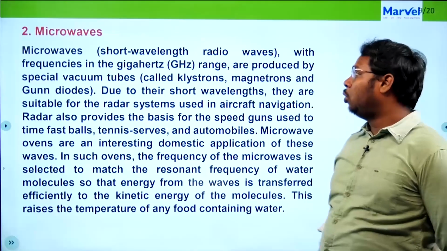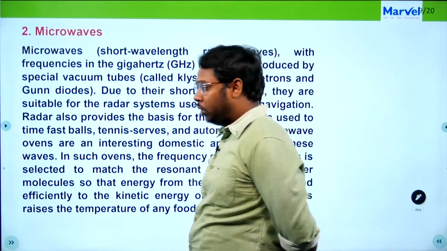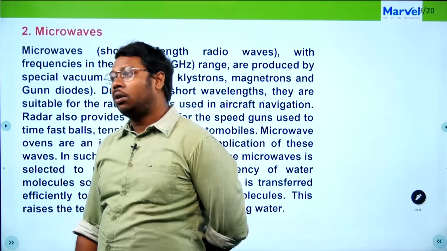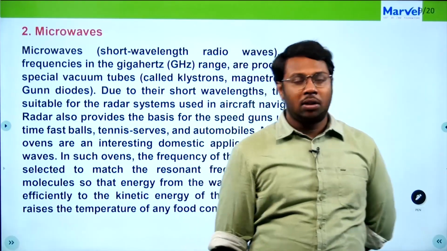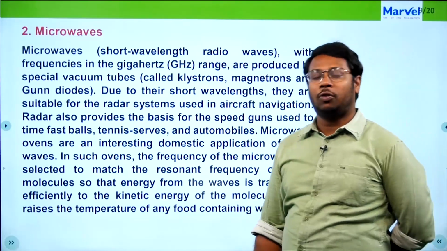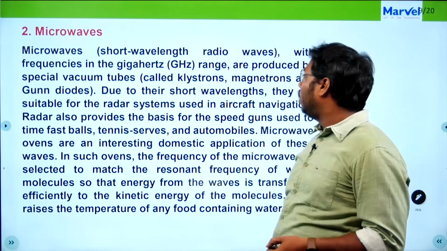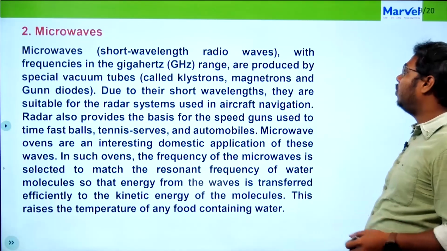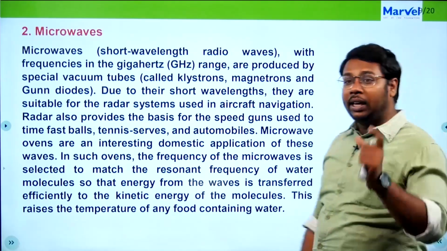Now coming to the microwaves. Microwave is not a term that you haven't heard about. In fact, we have an electrical appliance under this name which we use to cook food. So what exactly is the microwave? It is the shortest wavelength of radio waves, with frequency in gigahertz.